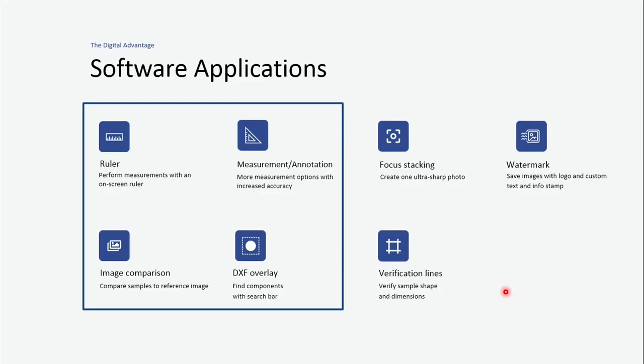Some of them are fairly usable across all industries, but two of them have been designed specifically for electronics, and that is the DX overlay application that we have, and also an image comparison application. And I'm going to demonstrate both of those applications for you in a few moments.